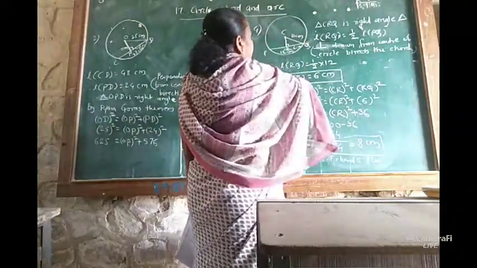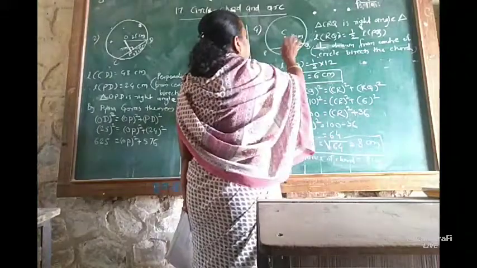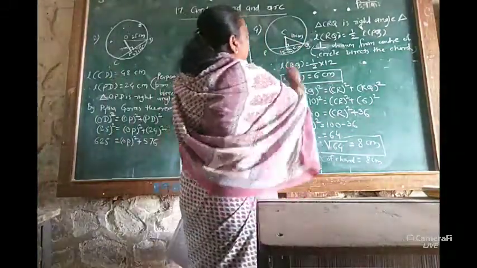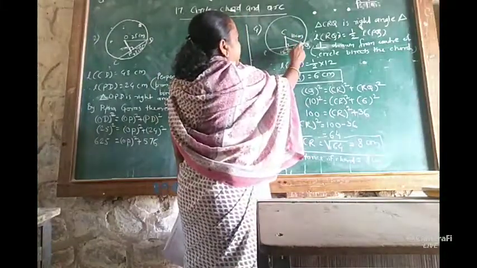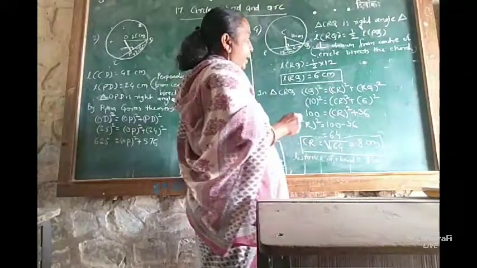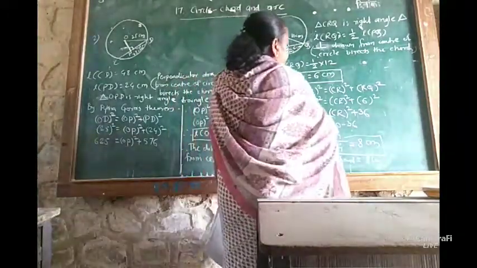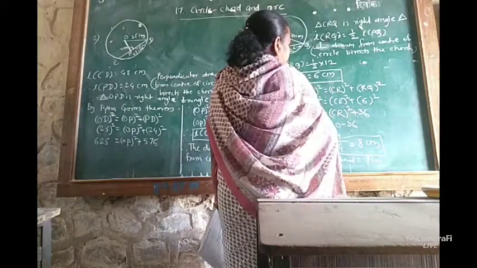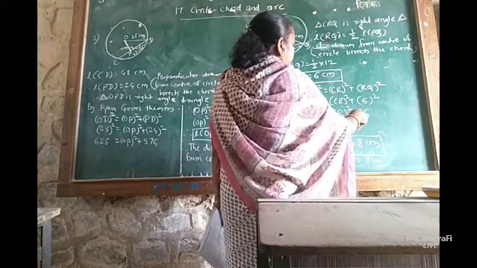Then by using the Pythagoras theorem we have to find the value of CR. In right angle triangle CRQ, CQ square, that is hypotenuse square, is equal to CR square plus RQ square. We put the values in this formula. Therefore 10 square is equal to CR square plus 6 square. Finding the square values, 100 is equal to CR square plus 36.